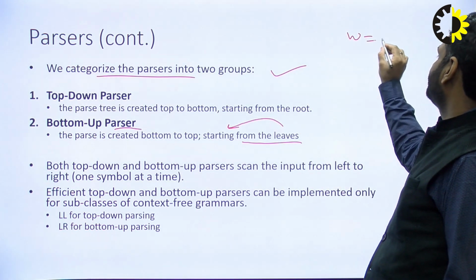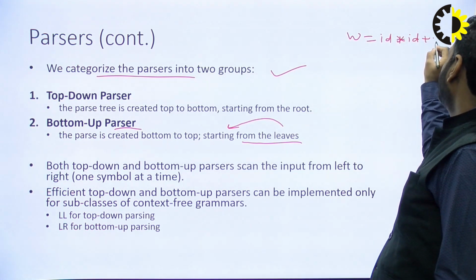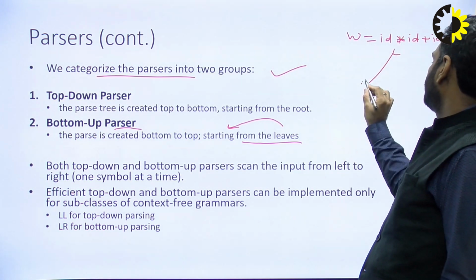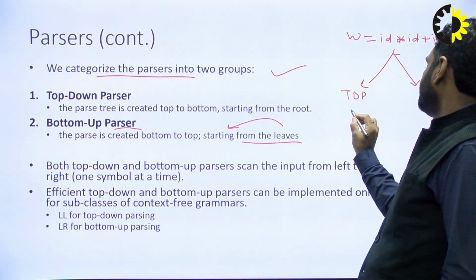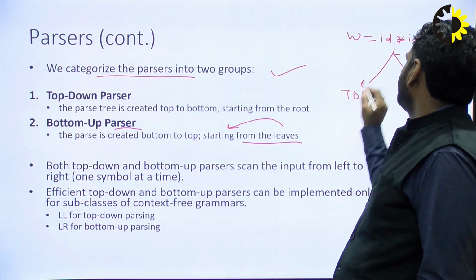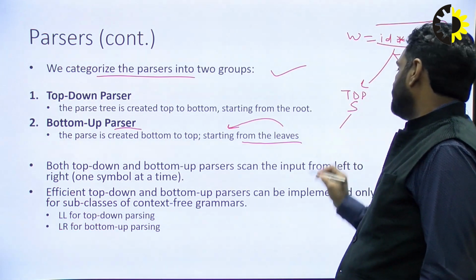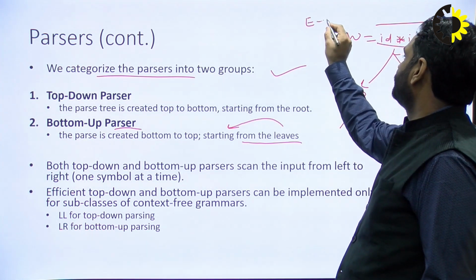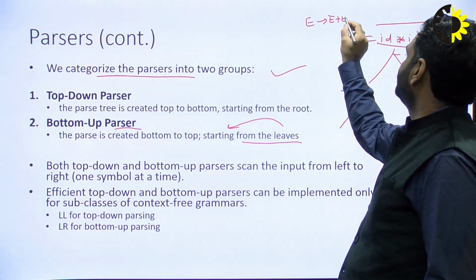Suppose the given string is id asterisk id plus id. The top-down parser will start from the start symbol. Suppose the start symbol is this one, and we have a number of production rules like this.